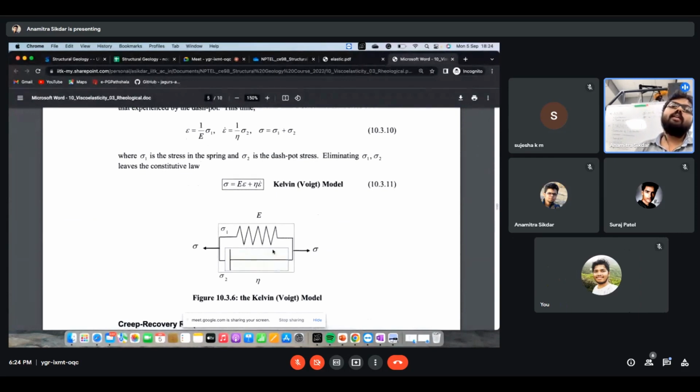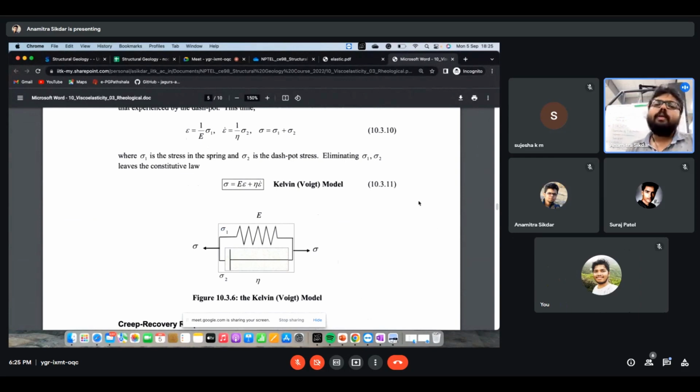Here the spring and the dashpot are connected in a parallel connection. What happens if you apply stress is that this whole body will expand, and the response will come both from the spring and the dashpot as if they were connected in parallel, like how we do the connections for resistors and capacitors.